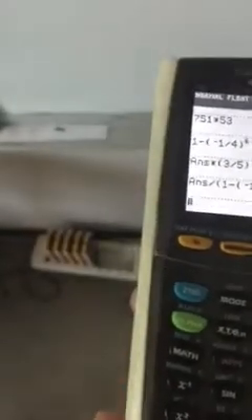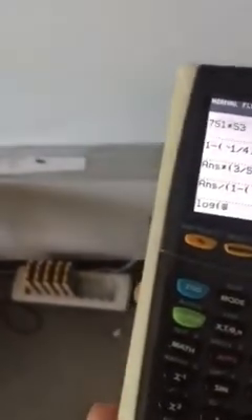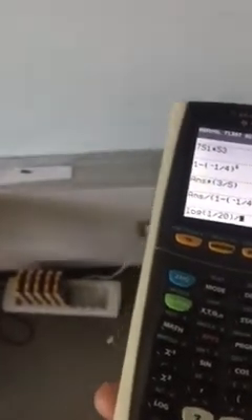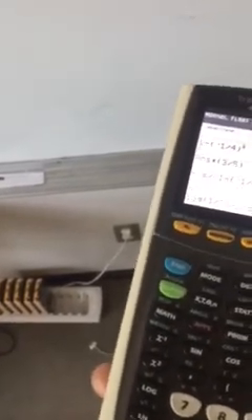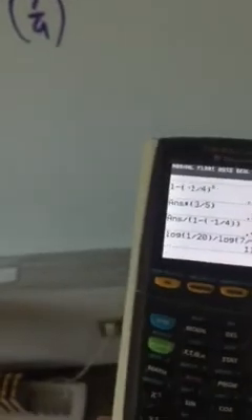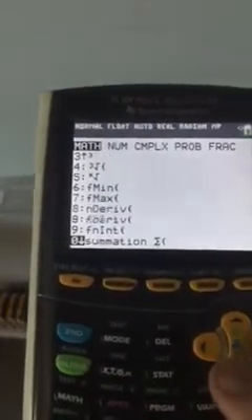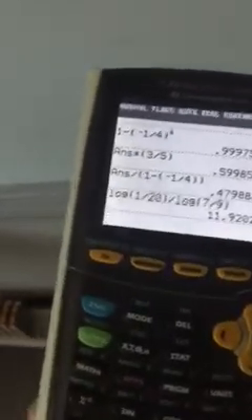Let's find out how many bounces it takes. There are a couple of ways to do this. Change of base formula: we do log of 1 divided by 20 divided by log of 7 divided by 9. We get 11.9. Or we can hit the math button, scroll all the way down to log base.